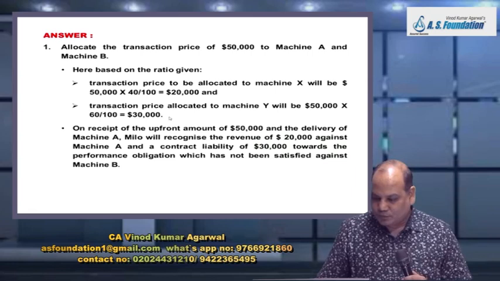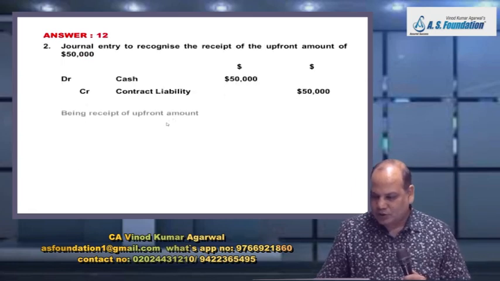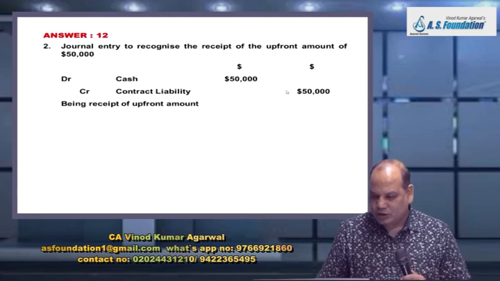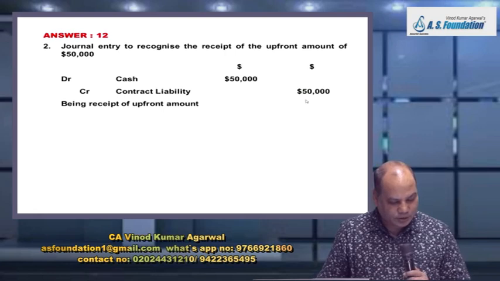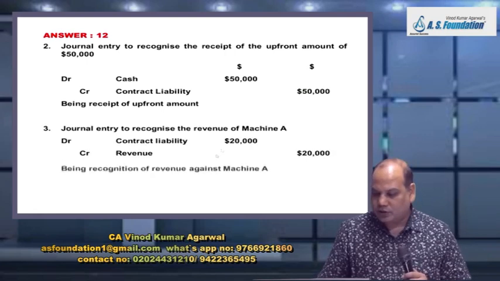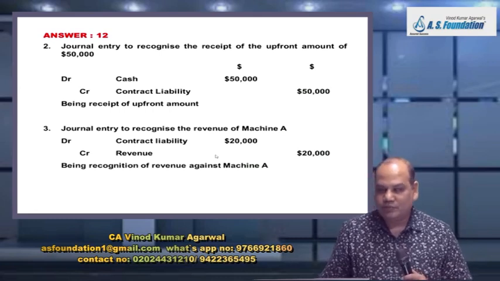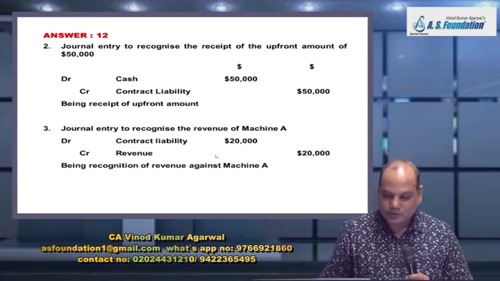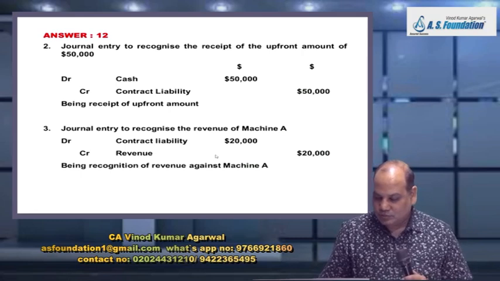I will first recognize the consideration received today as a liability. Bank account debit to contract liability 50,000. Then in year 1, we are going to deliver machine A. That revenue will be recognized. Machine A is sold, performance is complete. Contract liability account debit to revenue account.